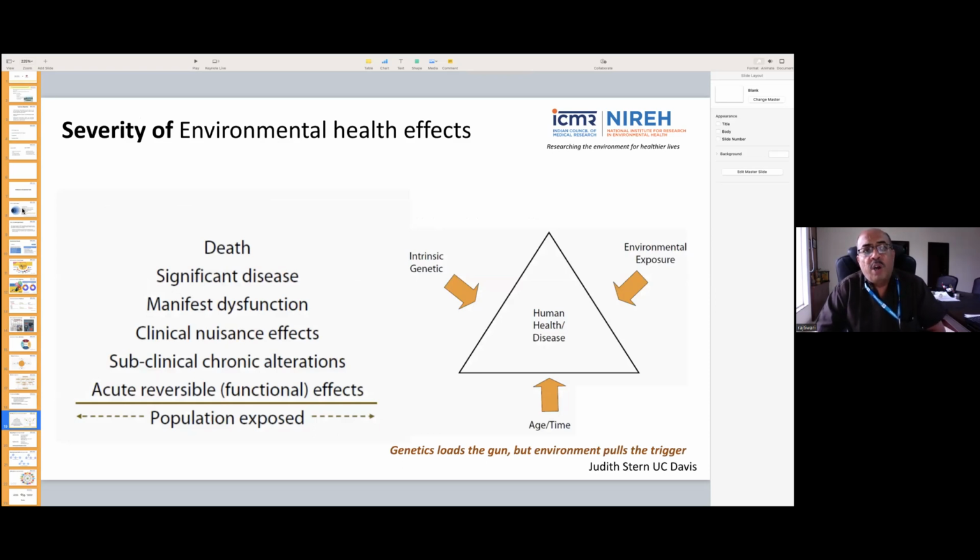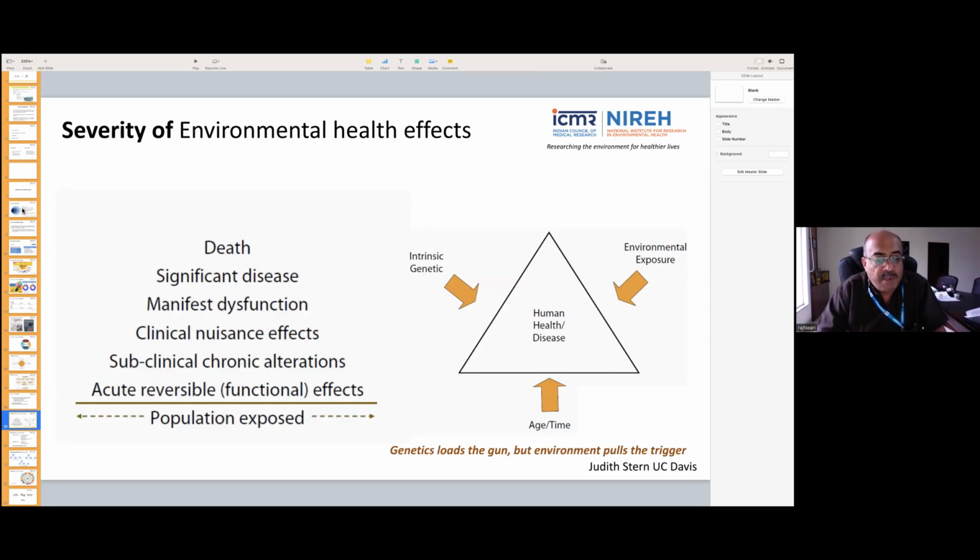Many times we don't pay that much importance to environmental health conditions unless we ourselves are a victim of this. If you see the pyramid of environmental health effect, particularly the severity, it is usually the tip of the iceberg which is visible in terms of significant environmental impact.